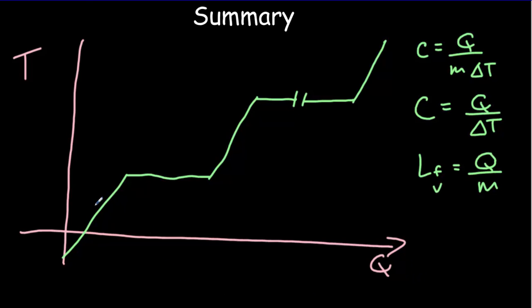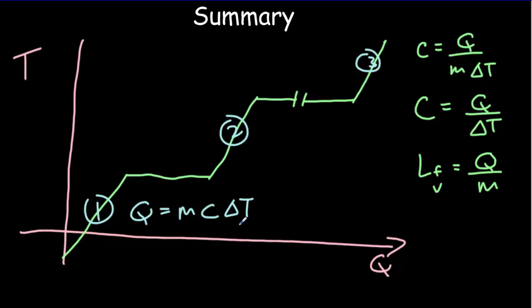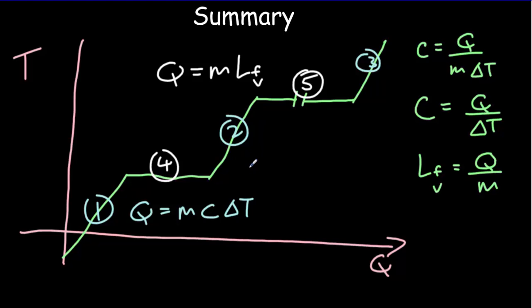And for these regions 1, 2, and 3 here, where we're warming up the solid, liquid, or the gas, then we could use that the heat added would be equal to m times the specific heat capacity of the solid, liquid, or gas times the change in temperature. And then in these 2 other regions, call them, say, 4 and 5 here, the heat added for those regions would be equal to the mass times the latent heat of fusion or vaporization, depending on which plateau you're talking about.